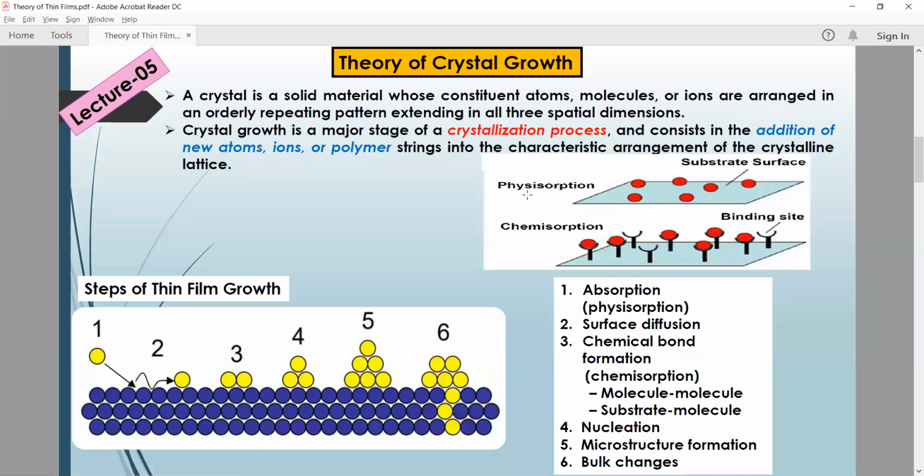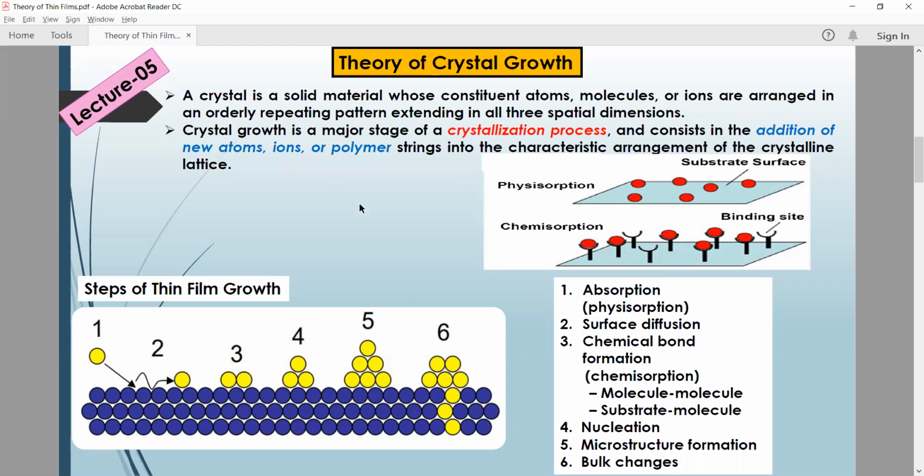Okay, so today we again try to understand the concept of theory of thin film crystal growth, and what will happen exactly if we deposit some kind of crystal onto the substrate. Okay, it means which type of process happens, that concept we will recall once again.